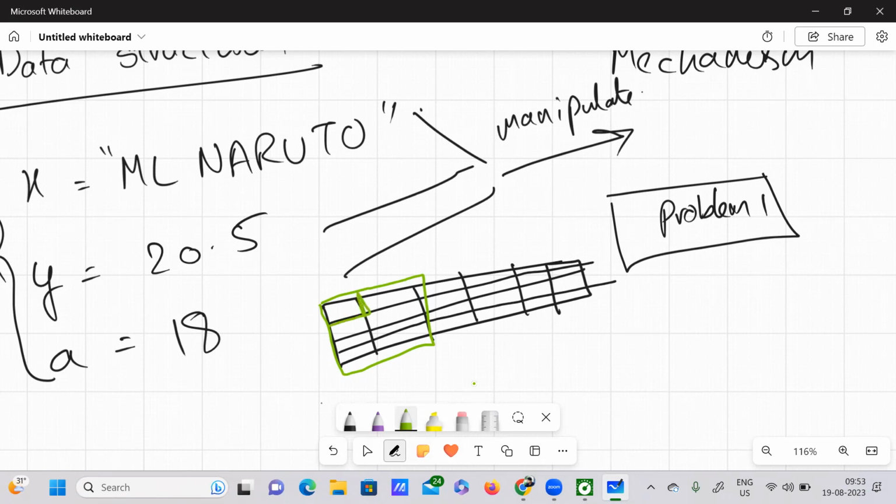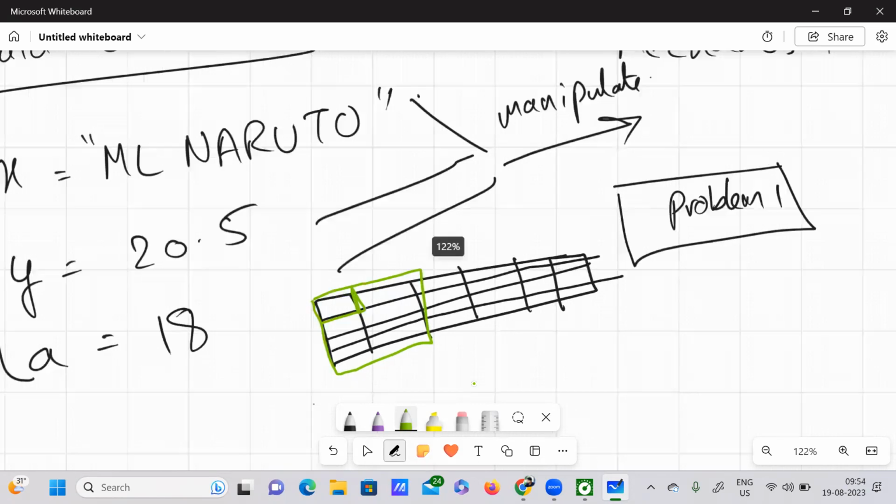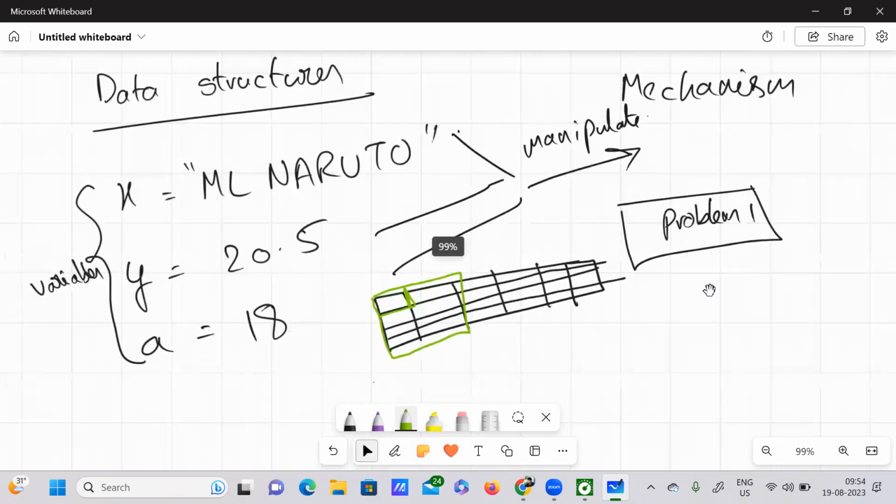So depending upon the problem and depending upon what the problem is actually demanding, we need to manipulate the data accordingly.